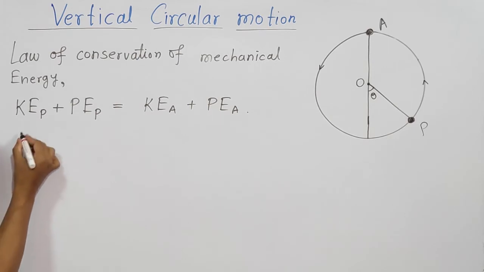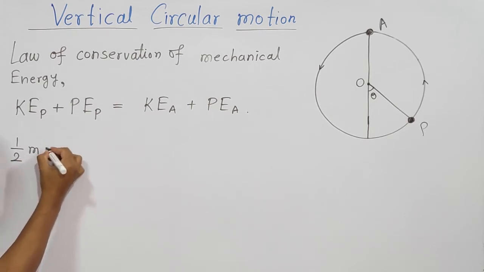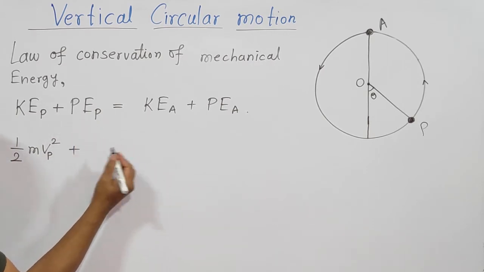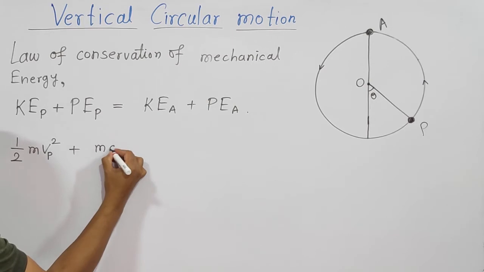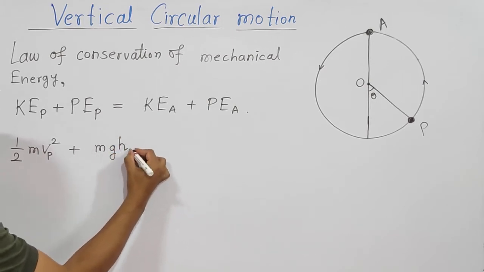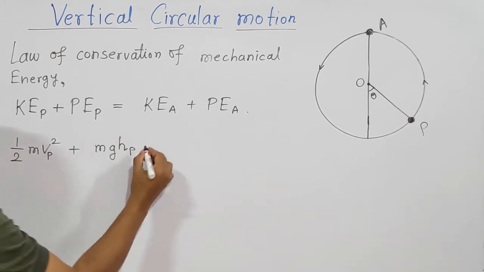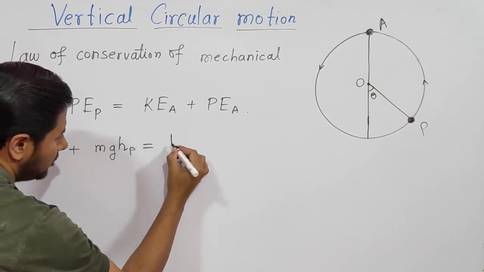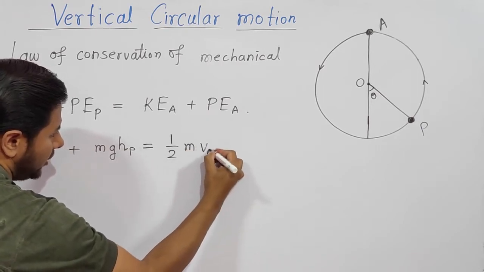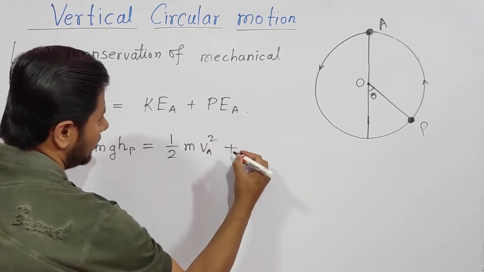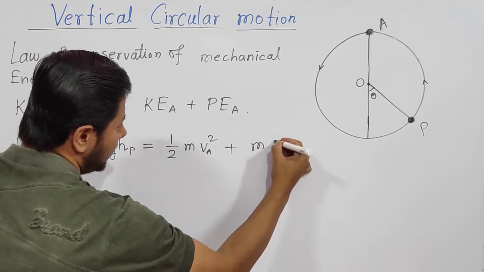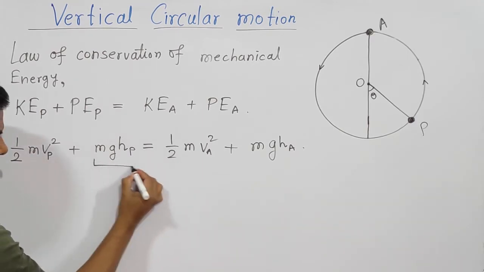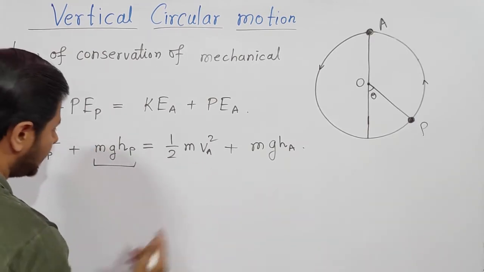So kinetic energy at point P is half of m into v suffix p squared plus potential energy, we know from last videos, that it is mg into h suffix p, because it is potential energy at point P, and it is equal to half of m into v suffix a squared plus potential energy at point A, mgh at point A. Then we can take this mgh suffix p on the other side.